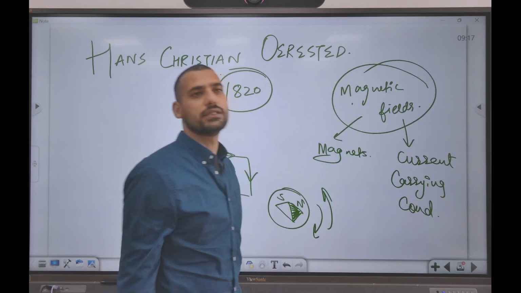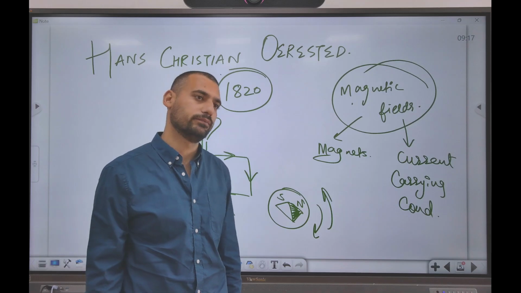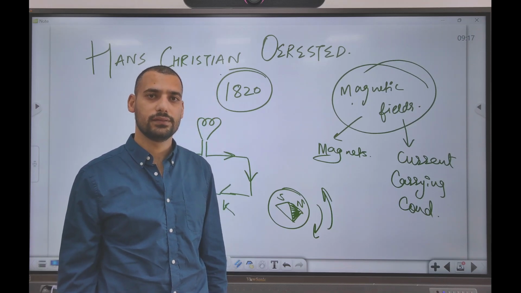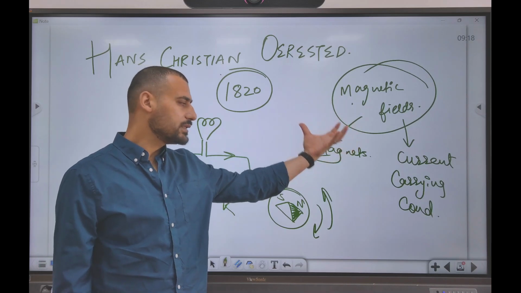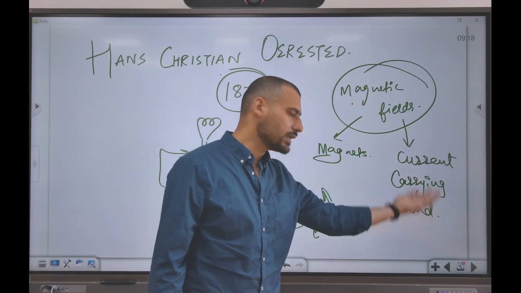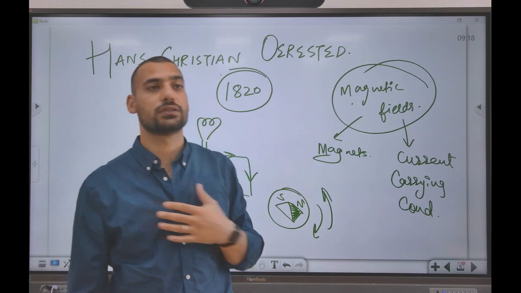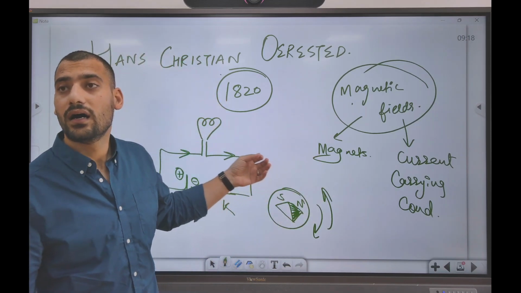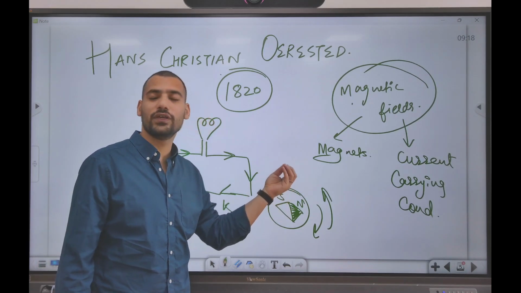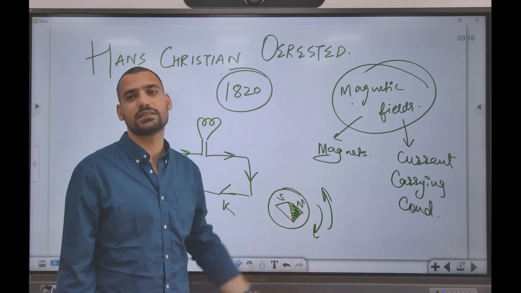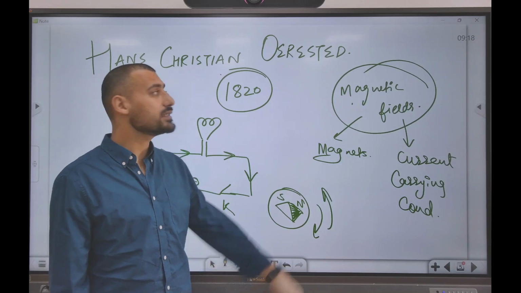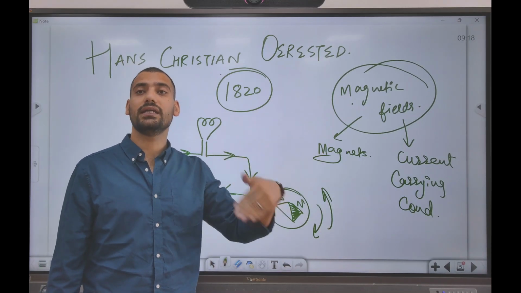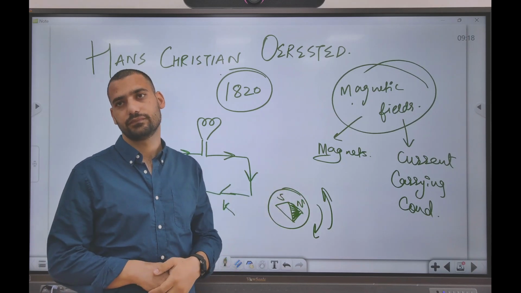They have the tendency to generate magnetic fields as well. Is that fine? So magnetic field can be generated by magnets, magnetic field can be generated by current carrying conductors. This was something he was not looking for, and he came up with this discovery in 1820. And this is the reason we have the magnetic effects of current. Clear?